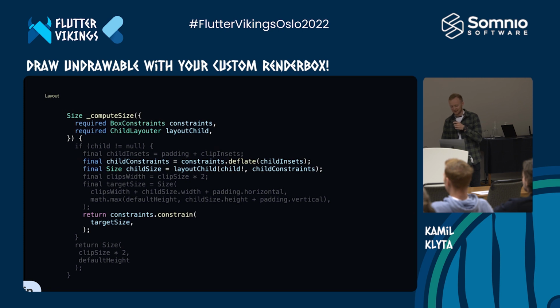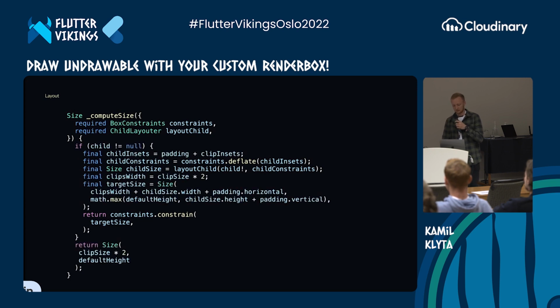Thanks to that, our child will be much smaller than the parent. And the last method here is constrain, where we provide the target size, the size that we would like to take, and this helper method returns the closest size possible within these constraints.